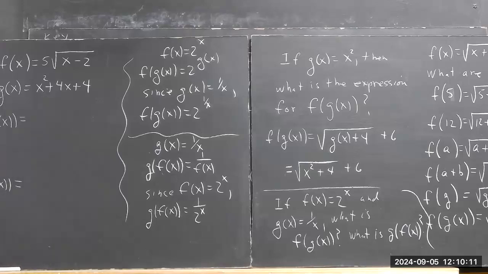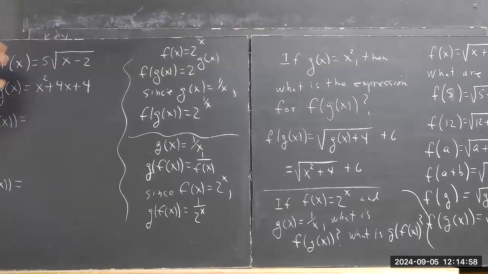F of G of X, what's G of F of X? Okay. Now, what's F of G of X? Well, F of X is 5 times the square root of X minus 2.